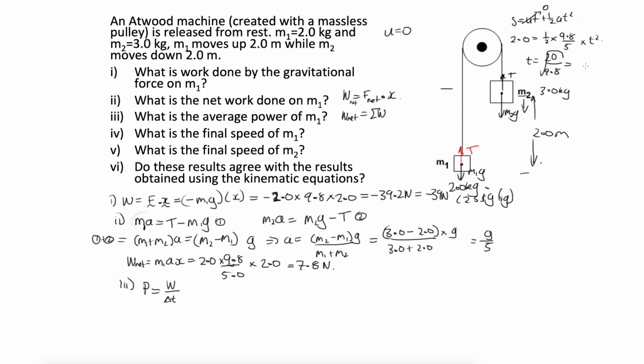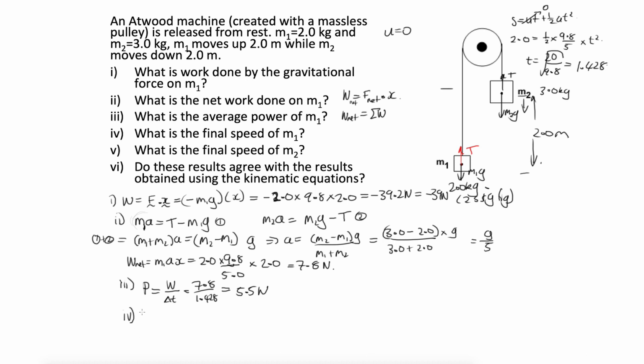And when we solve this, it is equal to 1.428, and so we have that the net work, which is 7.8, divided by the time, which is 1.428, is equal to 5.5 watts.